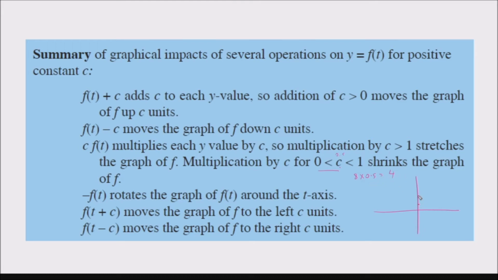If it is 8 here, now it will be 4. So your graph will shrink in this way, shorter in this length, so it will push down. That's what happens if c is less than 1. If you have fractional values, your y value will be shorter. If you have higher than 1, it will be longer, stretched up and stretched down. That is the difference if I multiply those.